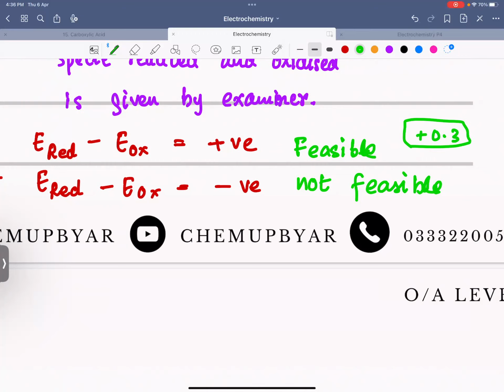When we perform that reaction under non-standard conditions, it may or may not be feasible. We cannot tell anything. But if the reaction is feasible under standard conditions and its difference is positive and greater than 0.3, then I can surely say that under non-standard conditions the reaction is also feasible. This is the condition, Mubashir. Is this understandable?